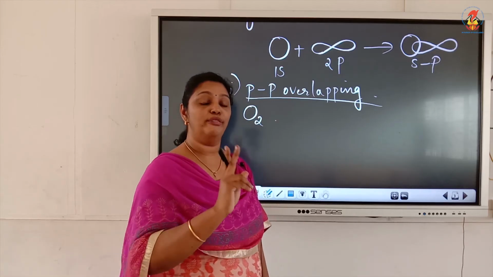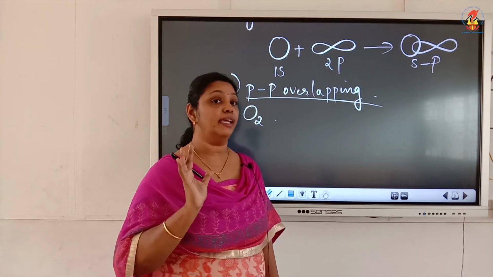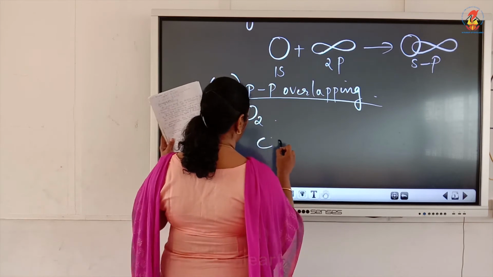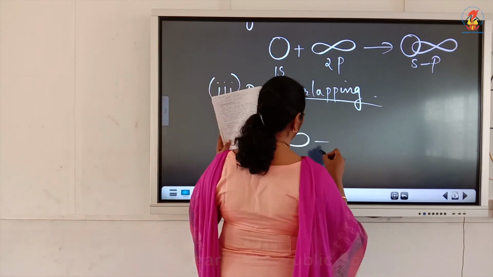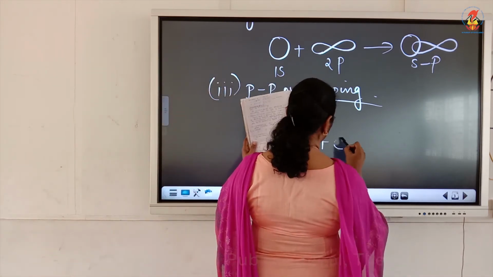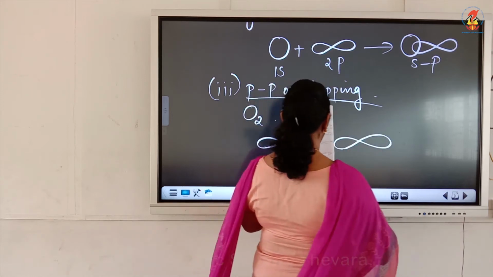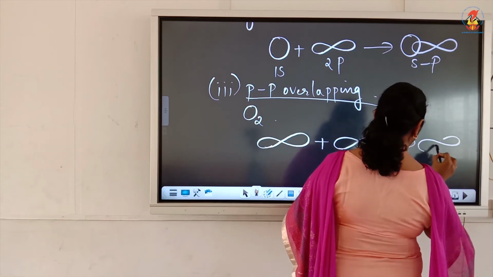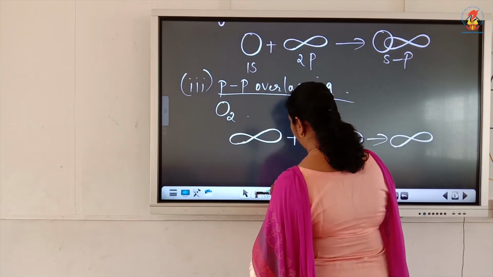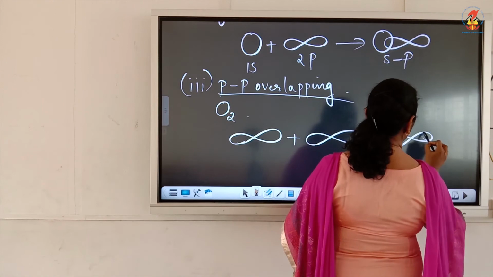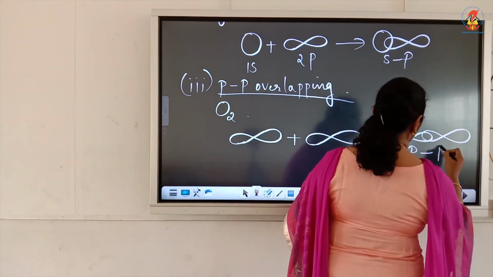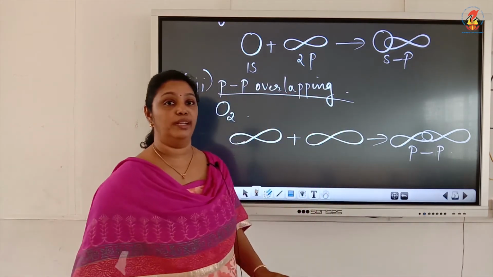Overlapping of two half-filled p orbitals along the internuclear axis. Here you can show one half-filled p orbital of oxygen plus the half-filled p orbital of another atom, or you can take fluorine also, where p orbitals are involved. How will you show the pp overlapping? Yes, this is pp overlapping, in which a sigma covalent bond is formed.